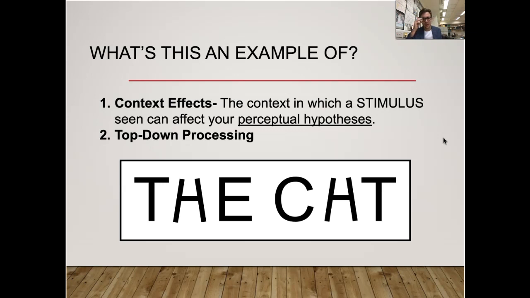Technically, those are both written incorrectly, but you interpret them through your own perceptual hypotheses to mean the letter H and the letter A, so that it stands for the cat. Okay? This is an example of contextual effects and top-down processing, because you're using your previous expectations of what those should be and prior experiences to therefore form your perception.